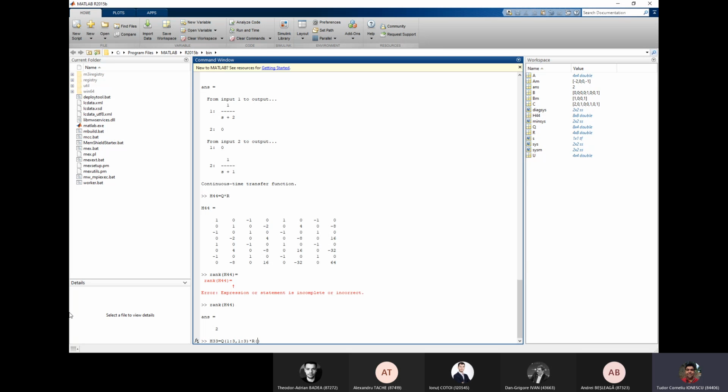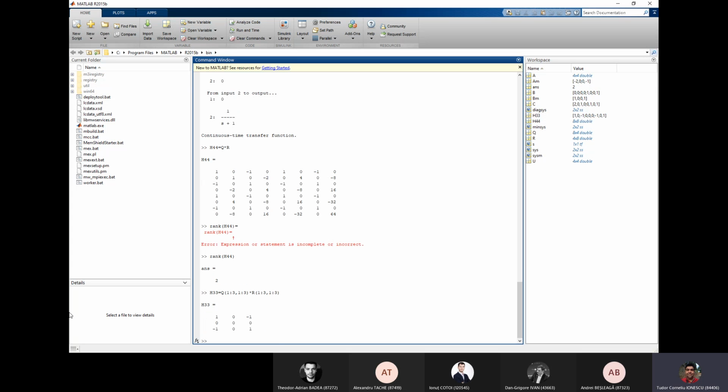So Q, 1, 2, 3, 1, 2, 3, and R, 1, 2, 3. This is the Hankel matrix in 3 steps. So you take only a portion of the matrices.